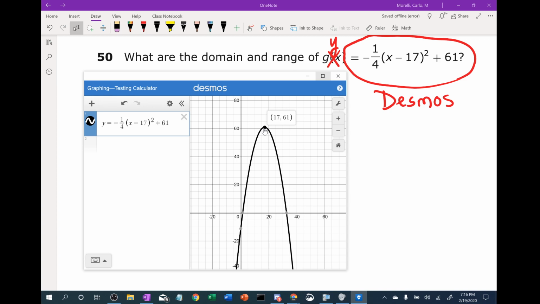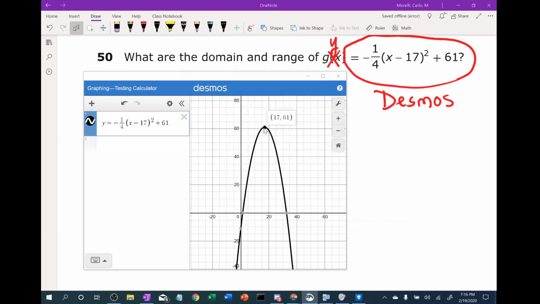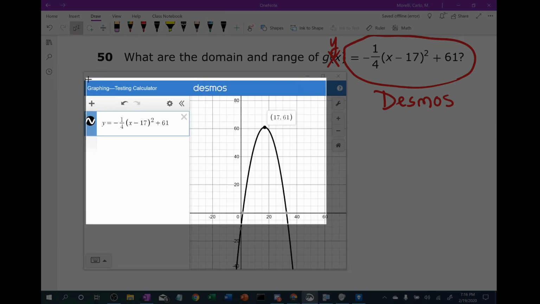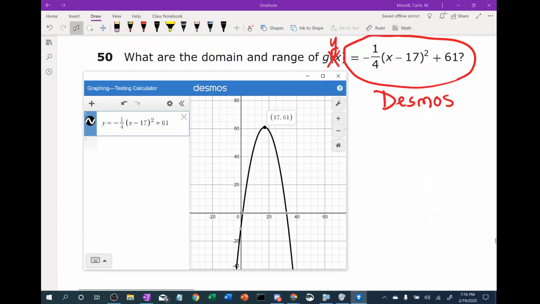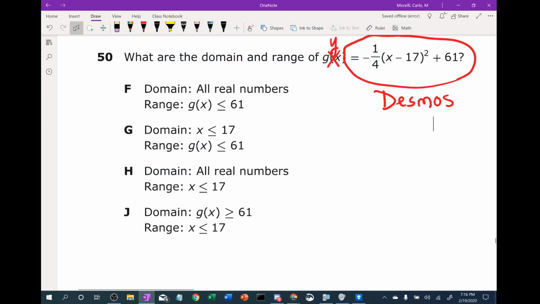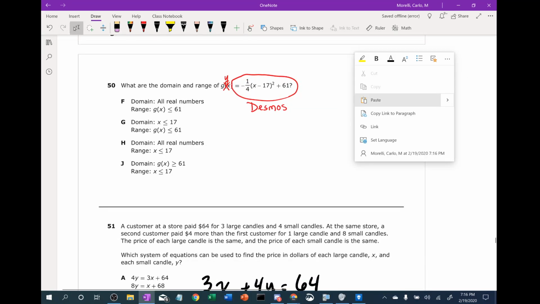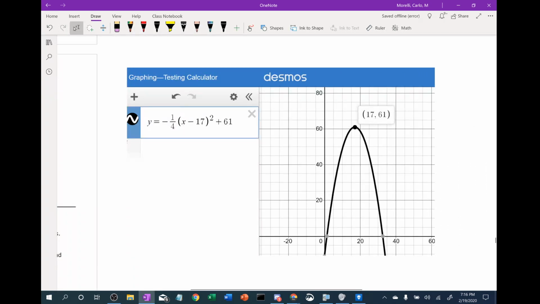Let me capture this part of the window here and paste it in here for you to look at. Okay, so the range is going to be negative infinity.